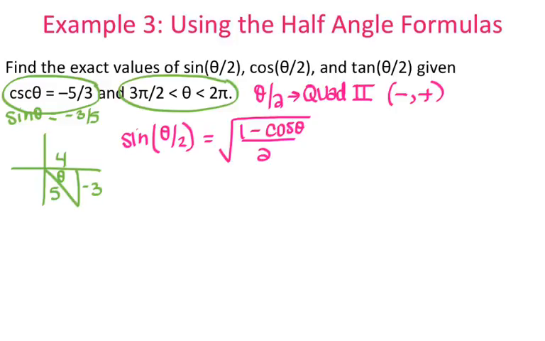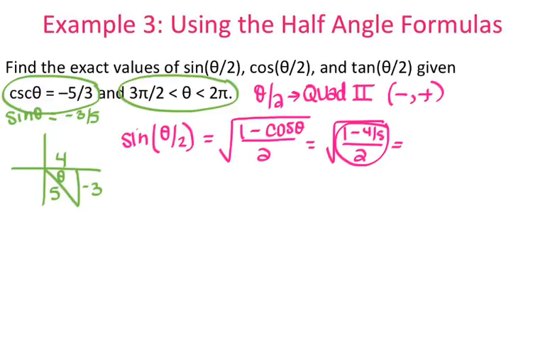Now looking at my triangle, cosine is adjacent over hypotenuse, so cosine is 4/5. So that's 1 minus 4/5 over 2. I'm going to go ahead and take what's inside my radical and simplify it.